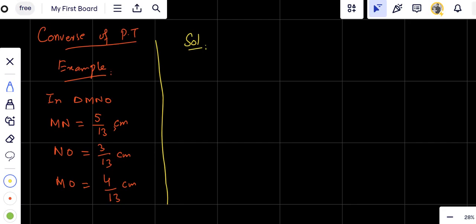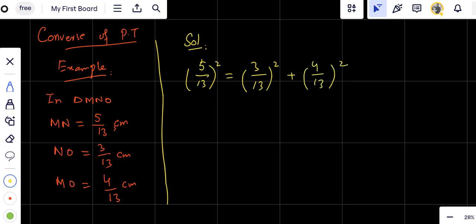So I write 5 upon 13 square, then 3 over 13 square. I'm going to solve it directly to save time so that I can solve a word problem. So what is 5 square? 25, and 13 square is 169.